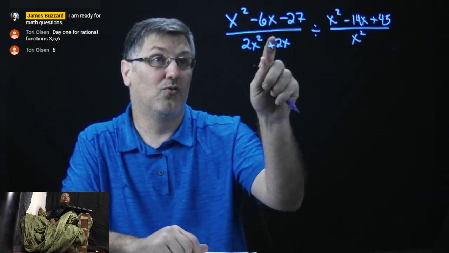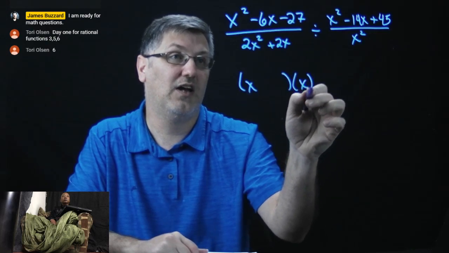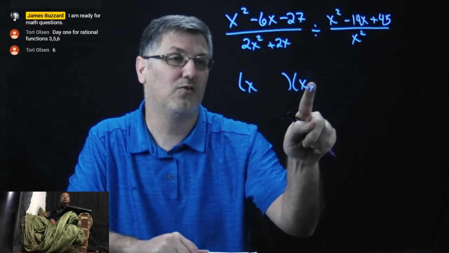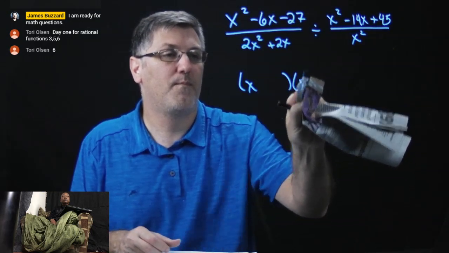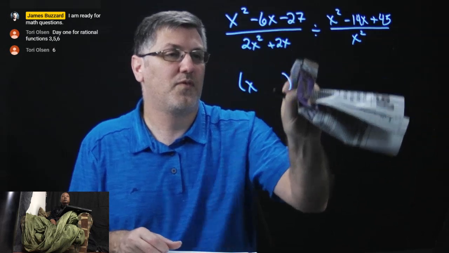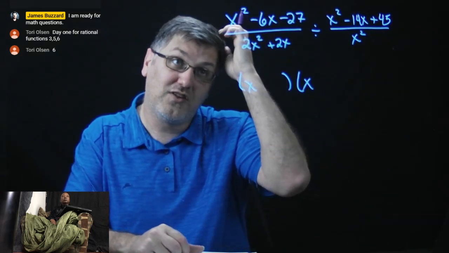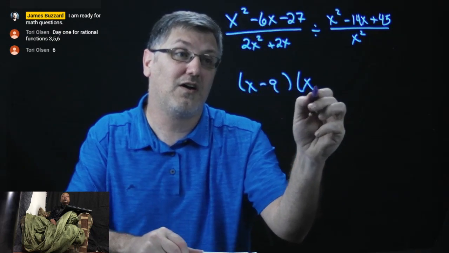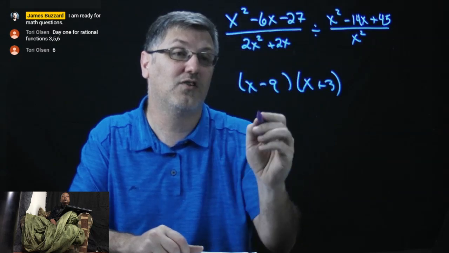The top should factor to an x and an x. Let's say it's got to be 9 and 3, so minus 9 plus 3. That gives me negative 27 and negative 6.